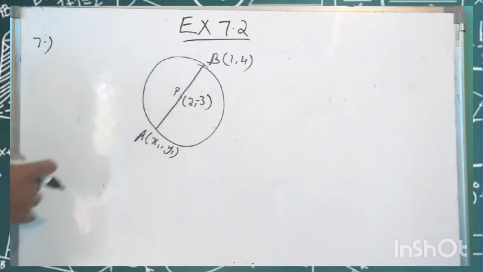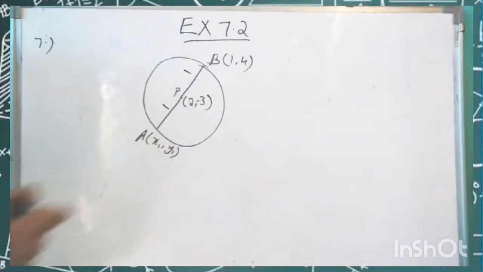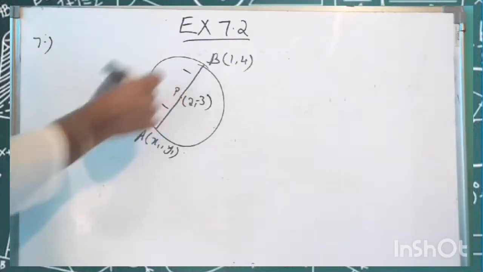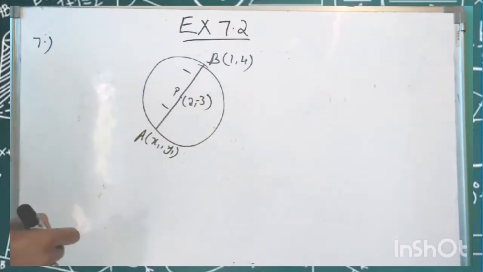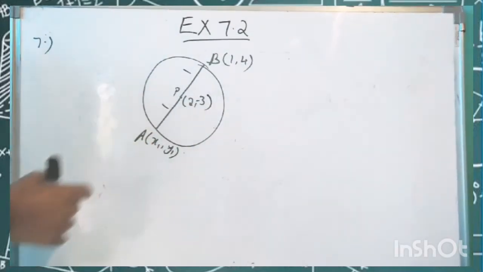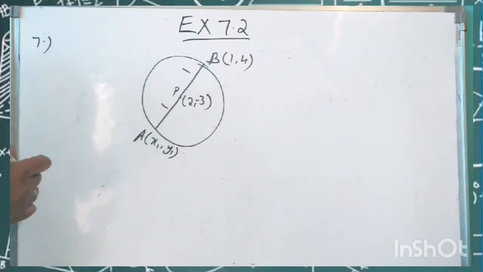That means P divides the diameter in the ratio 1:1, or we can say that P is the midpoint of the diameter.